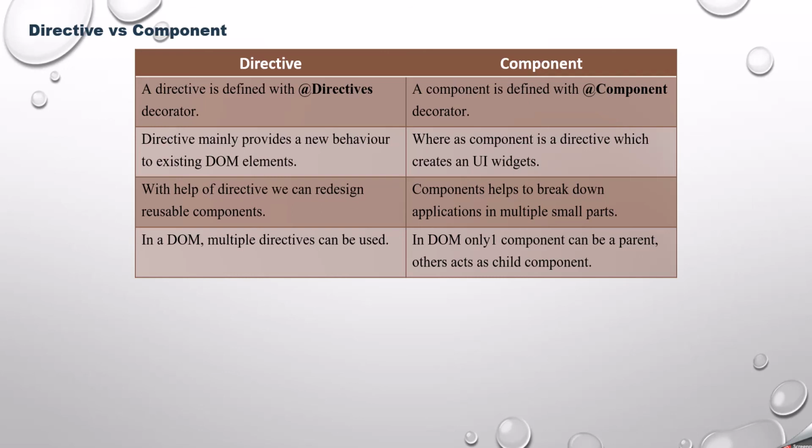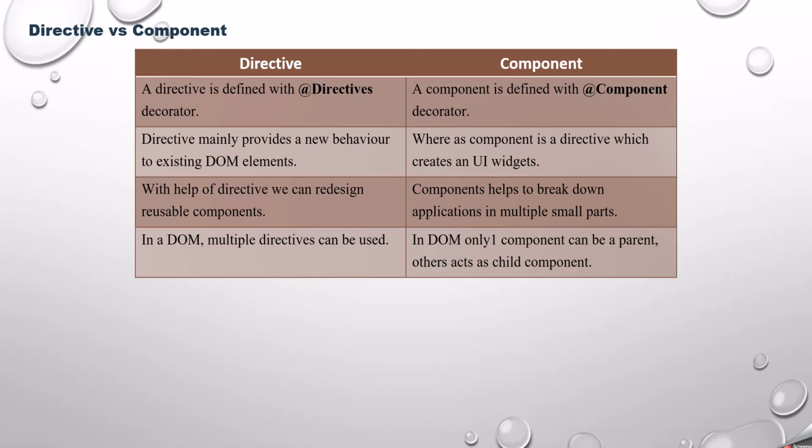That child component is rendered as a small part of the main component, which is your employee component. So that is all about how components help to break down applications into multiple small parts.